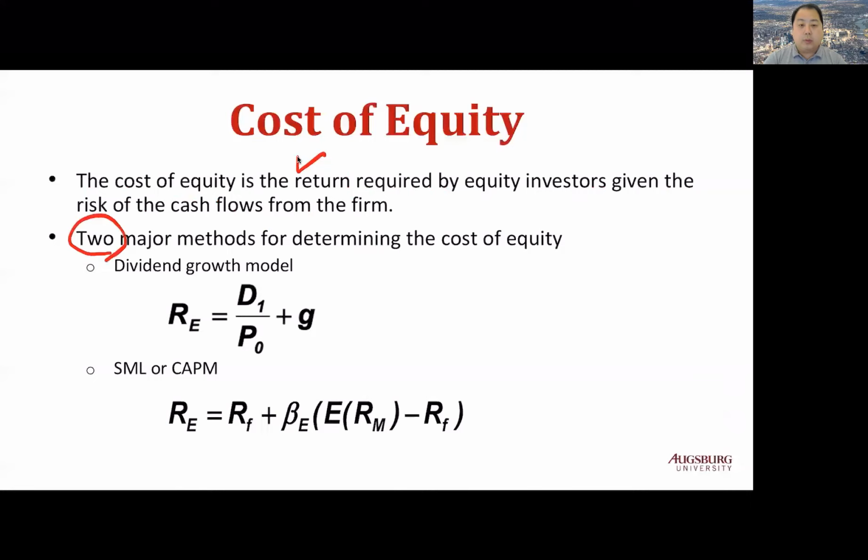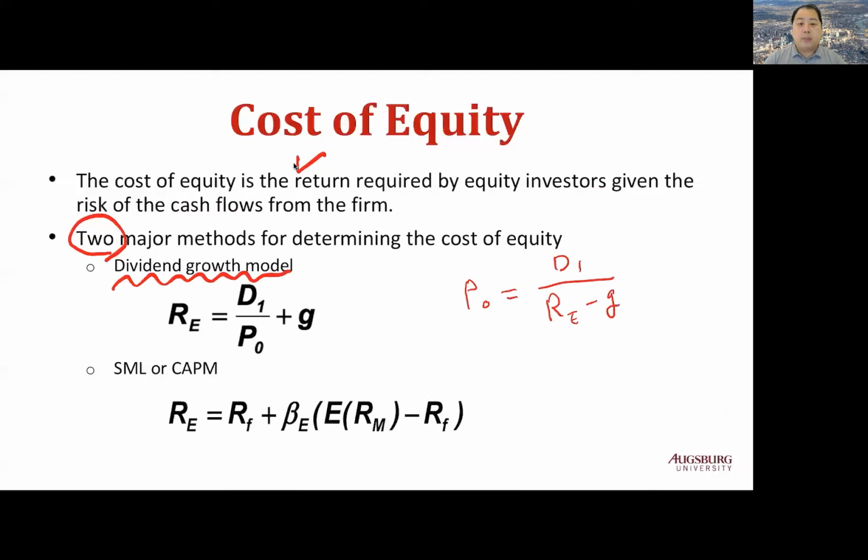There are two equity pricing models we learned so far. First one is the dividend growth model. The dividend growth model says that the price of stock equals the next period dividend divided by the required rate of return minus the growth rate.